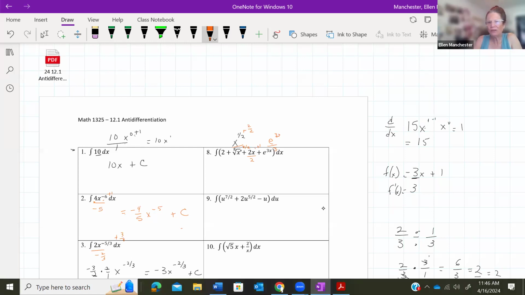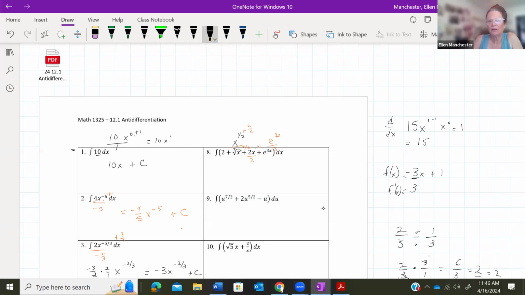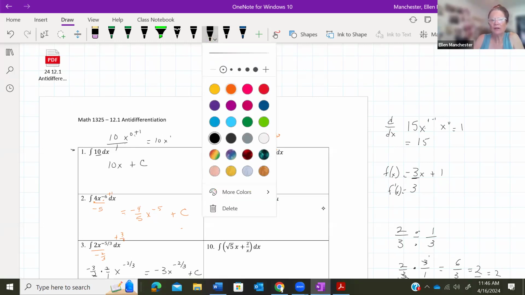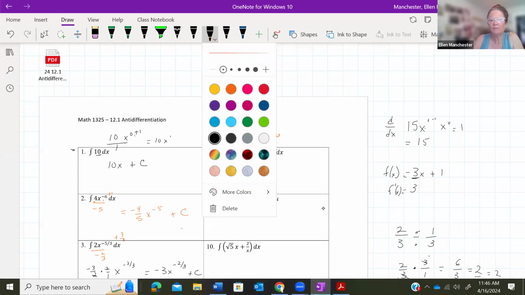Okay, so I always do this up here, and then I rewrite it so that I can clean it up. So this, I forgot to add an x to that one. Because it's a constant, I'm going to add an x to it.